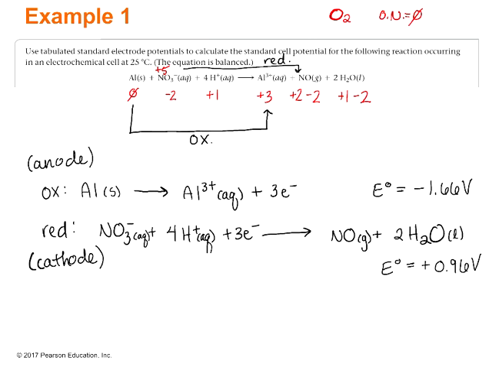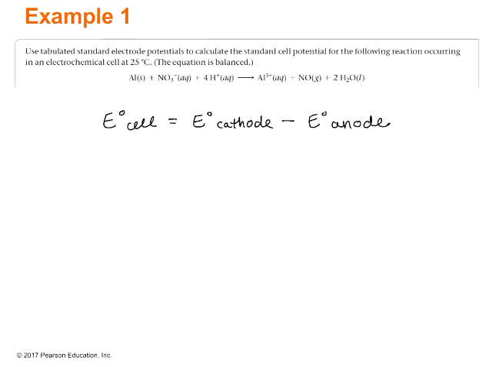Okay, so now we can just plug in our two values for anode and cathode. Cathode goes first. That would be 0.96 volts. And then we're going to subtract negative 1.66 volts. So we're actually adding them together.